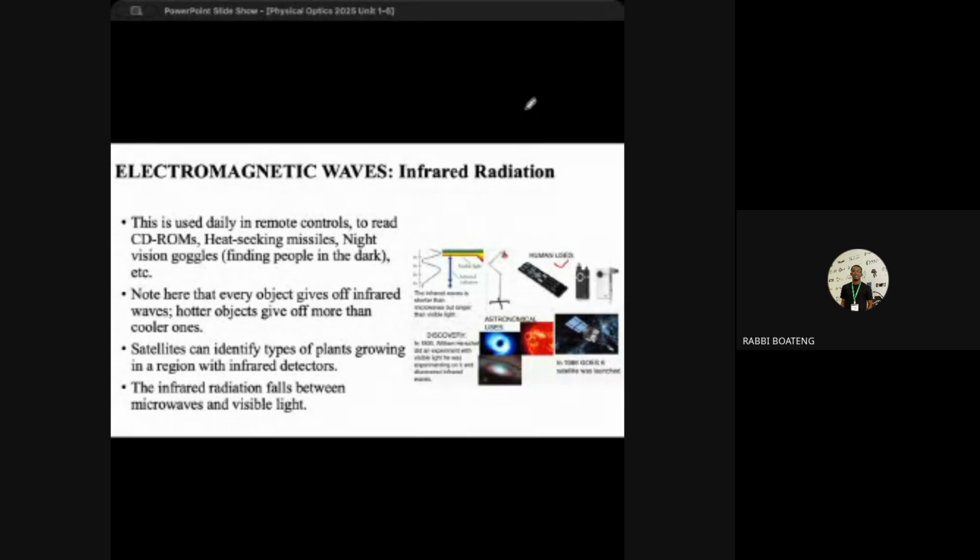Now, the whole point of this conversation is that infrared is not something we can see. We need different forms of detectors. Even the security cameras that people buy for their houses, some of them have infrared sensors inside.